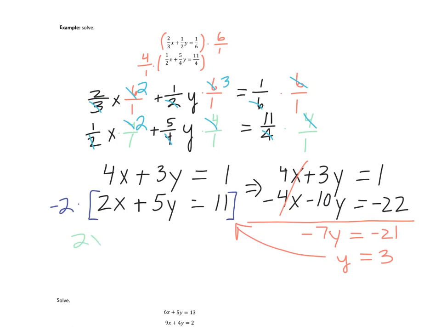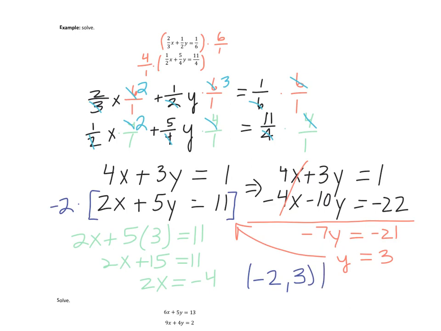So 2x plus 5 times 3 equals 11. 2x plus 15 equals 11. Subtract that 15. And x is negative 2. So we can write x as negative 2 and y is 3. And then there's your solution.